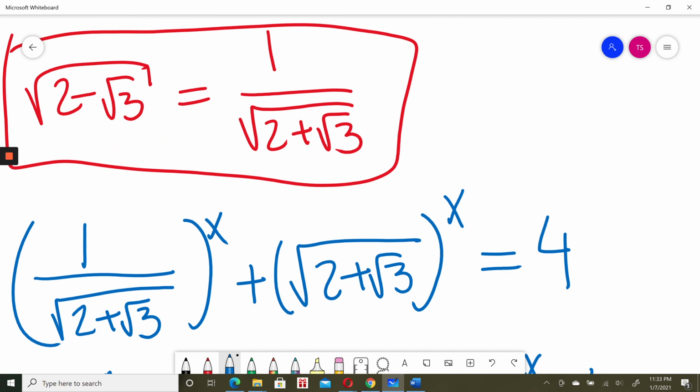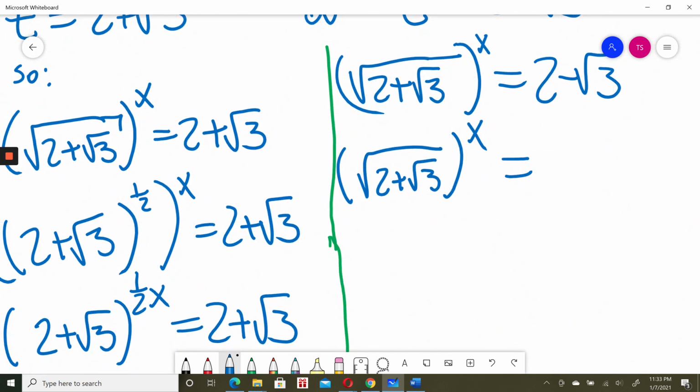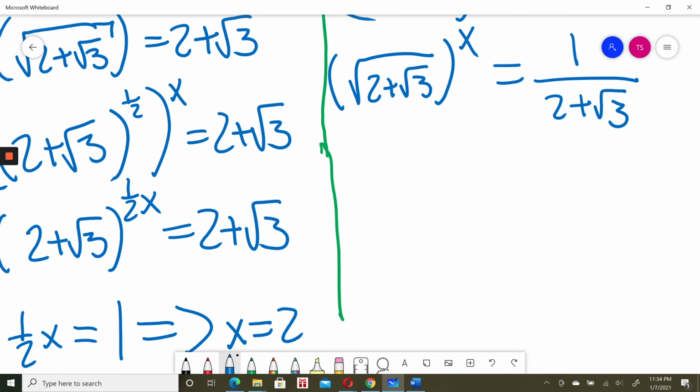If I square it, I will have 2 minus square root of 3 is equal to 1 over 2 plus square root of 3. So I'm going to use it here. This will be 1 over 2 plus square root of 3.